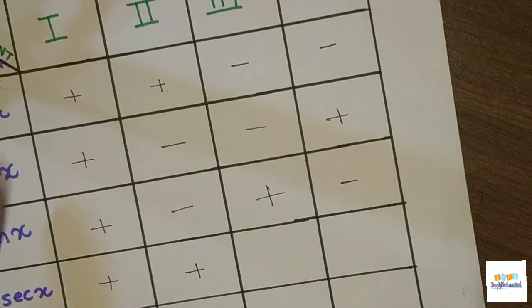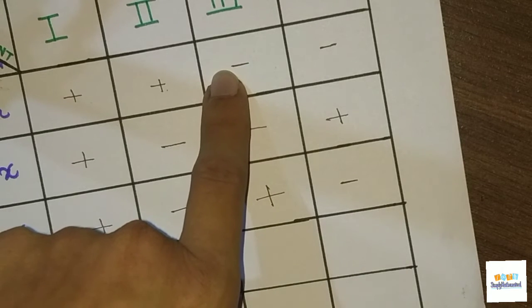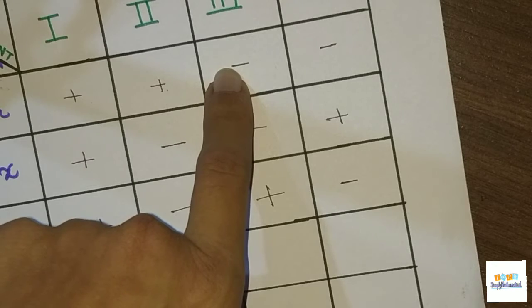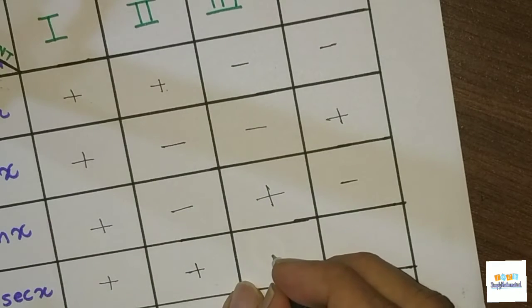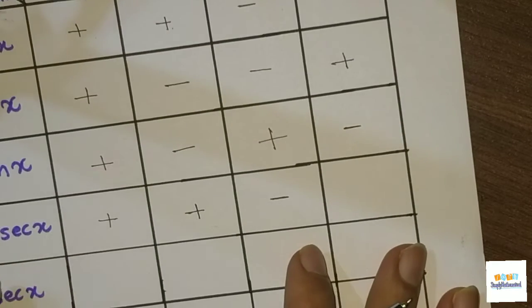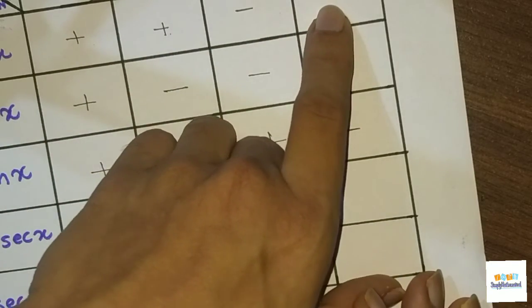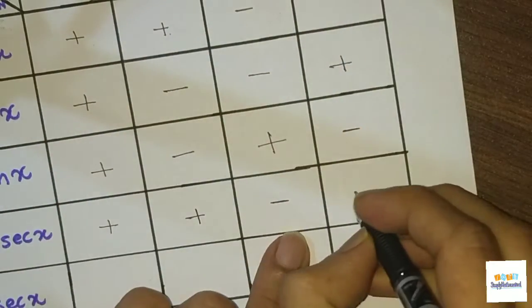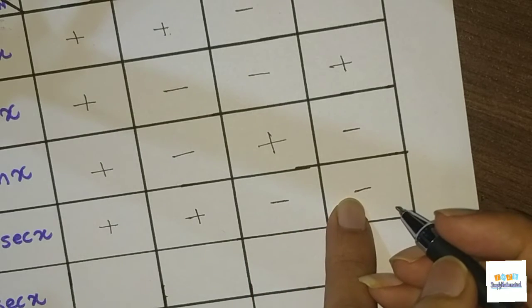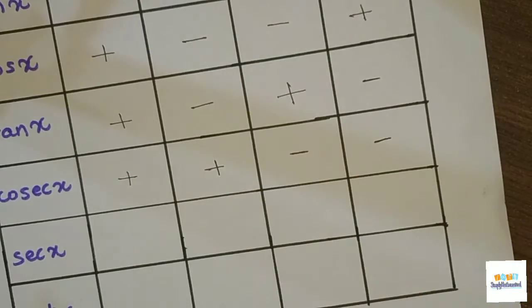Cosec x is positive in the first quadrant, positive in the second quadrant. Then if you want to find the sign of cosec x in the third quadrant, you have to look at this. Sine is negative in the third quadrant, so the reciprocal of negative will be negative. Then cosec in the fourth quadrant will be what? Reciprocal of negative is negative, so cosec in the fourth quadrant will be negative. Like that you can find out the signs.